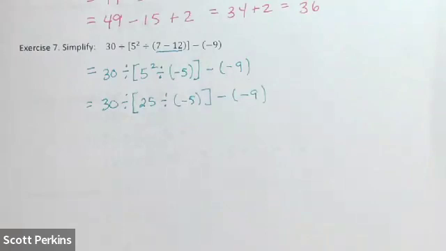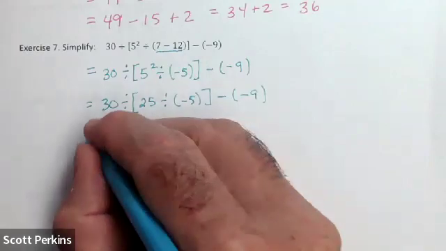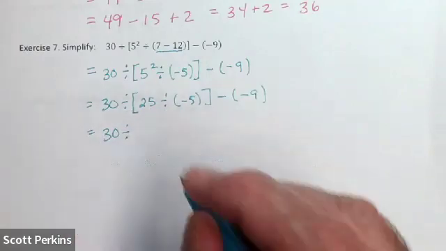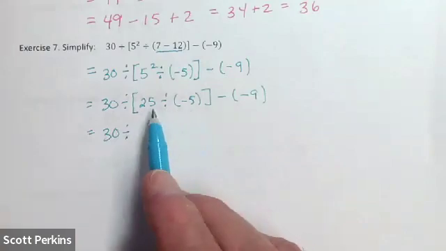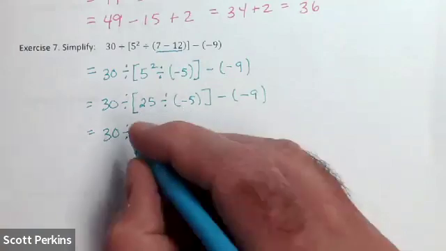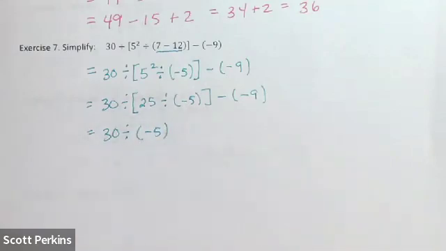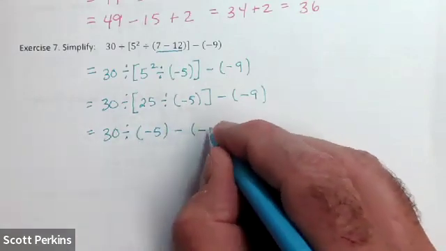And then to finish off the squared-off parentheses, I'm going to do 25 divided by negative 5. So that's 30 divided by 25 divided by negative 5. A positive divided by a negative is going to be a negative 5 again. And then minus negative 9.